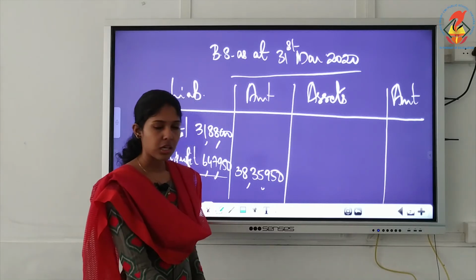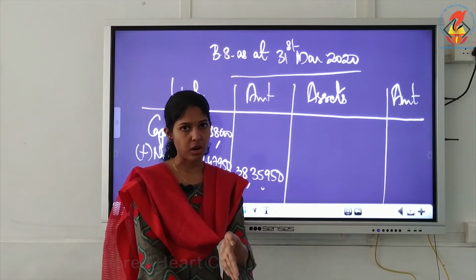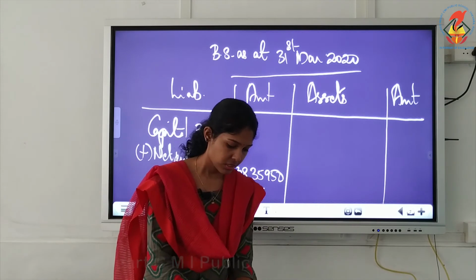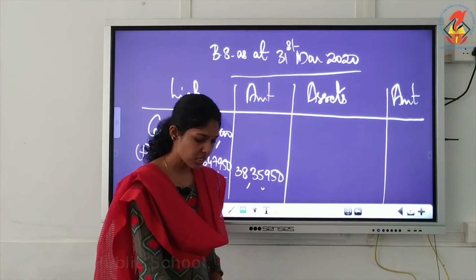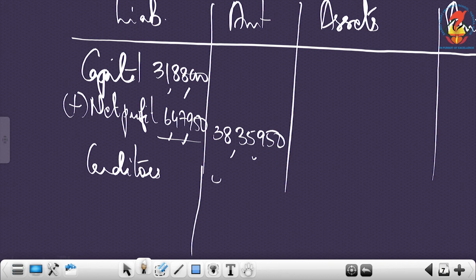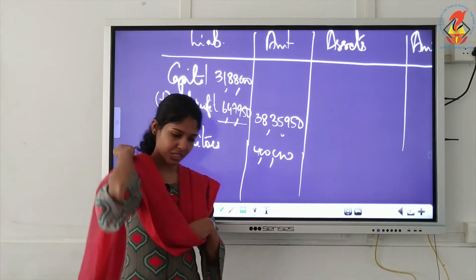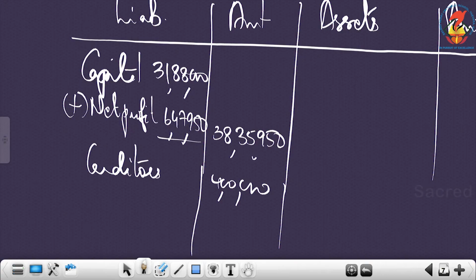Then we'll go through other trial balance items, but you need to refer only to the credit column because we are writing the liability side. Okay, we have creditors, 4 lakhs. You have to look into the question and not refer to the illustration, solution and workout.